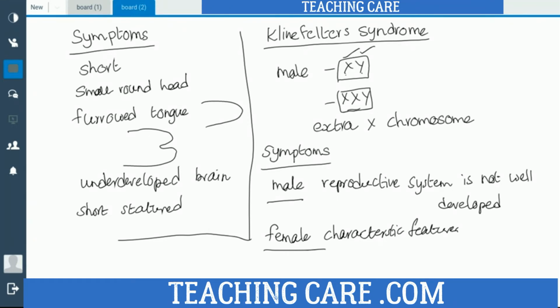So this syndrome is present generally in males.